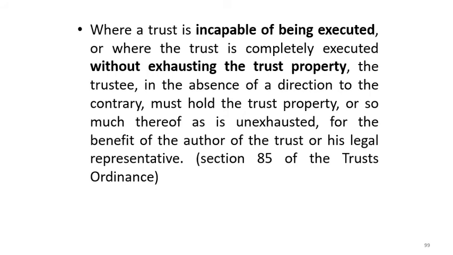Now suppose it is executed, everything is done perfectly, but there is a balance money. That money must be held for the benefit of the author of the trust. That's why it reverts back to the author of the trust. That's why it is known as a resulting trust.